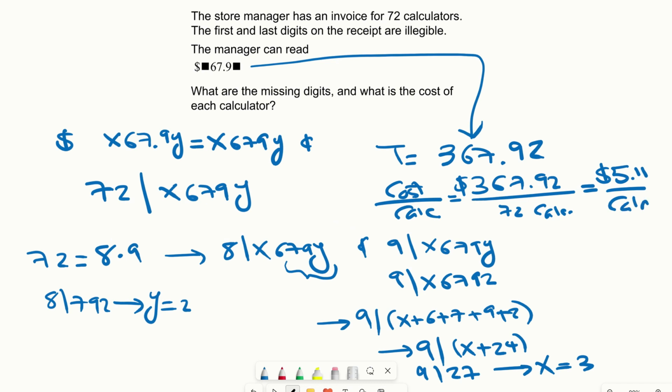per calculator. All right, so a beautiful problem when it comes to applying divisibility and making sure that you understand it. So again, if you didn't come up with it on your own at the beginning by pausing the video, make sure that you pause it now and try to see if you can work it all the way from beginning to end without any help.